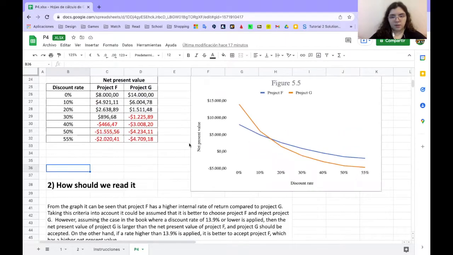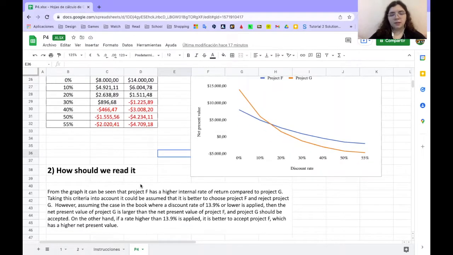And well, if we see the graphic, here we can see at the discount rate of 13%, Project G has a higher net present value and Project F has a lower net present value. From this point to 0%, Project G is higher.